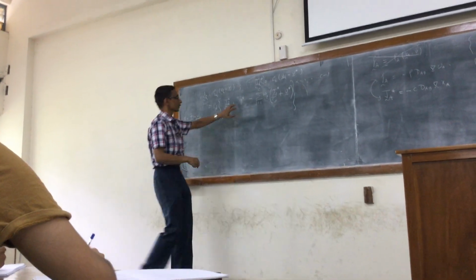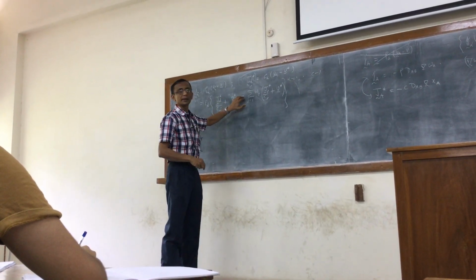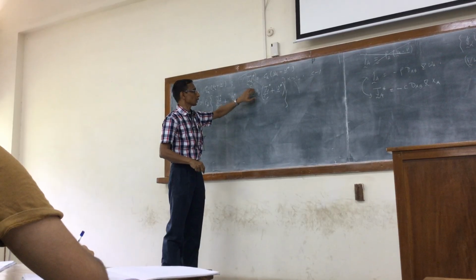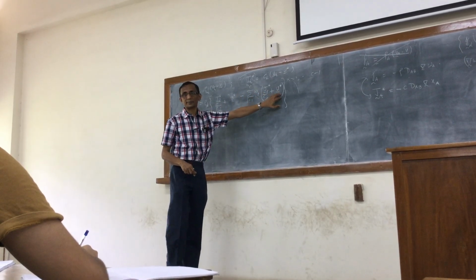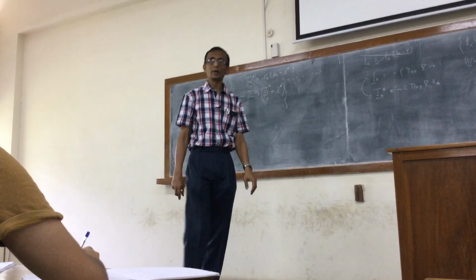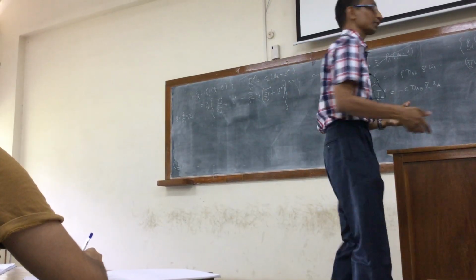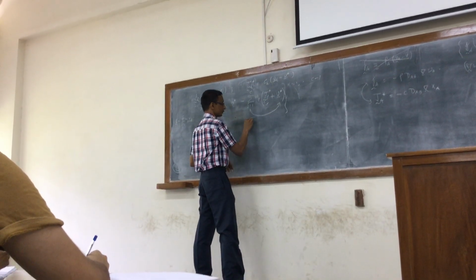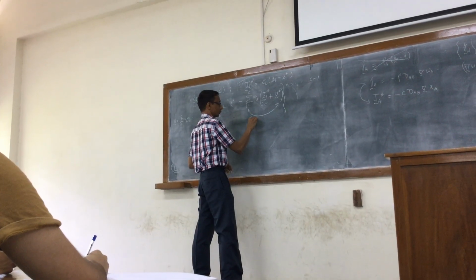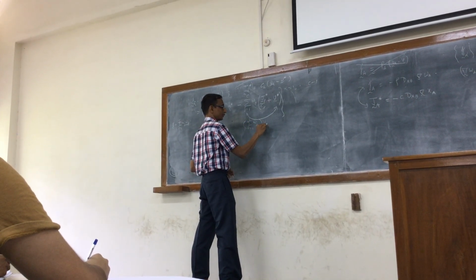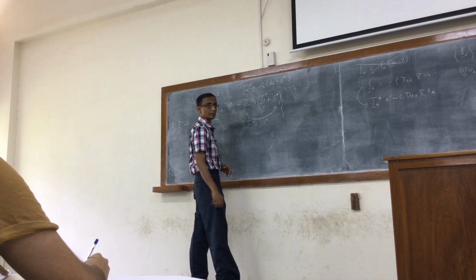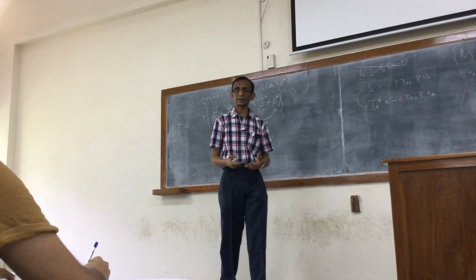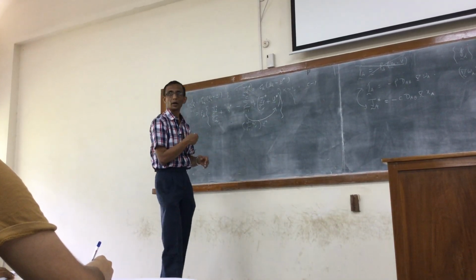Now if you look at this, there is a V star here minus sum over j equal to 1 to c of w_j times V star. We look at that term. V star is not part of the sum, so it can be taken out. So I can write this as sum over j equal to 1 to c of w_j times V star. V star is a factor in each one of the terms, so it can be taken out.